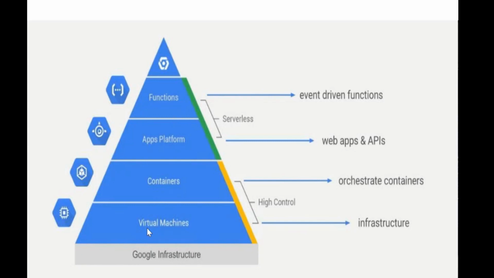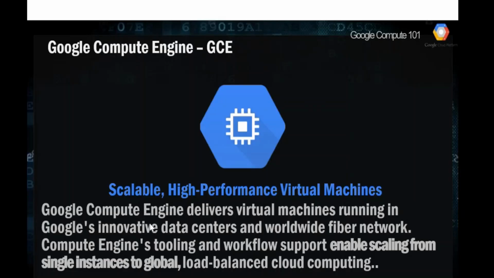Now we'll talk about the infrastructure as a service layer, if I want virtual machines. Here it says scalable, high performance virtual machines. Google Compute Engine delivers virtual machines running in Google's innovative data centers and worldwide fiber network. Compute Engine's tooling and workflow support enable scaling from single instances to global load balanced cloud computing.